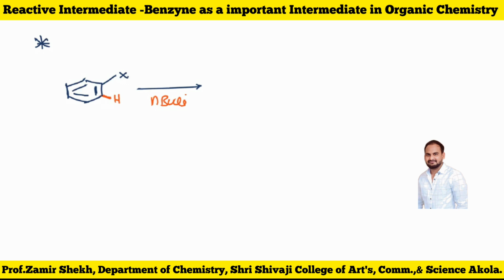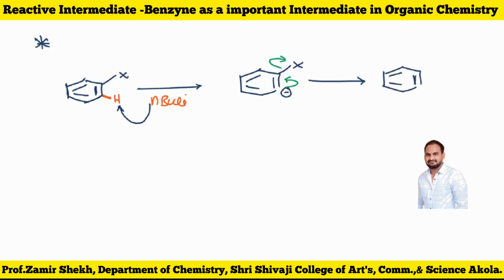So the n-butyllithium will take the proton and generate a negative charge, like this. Here is my X, and this is my negative charge. You know that the negative charge has the tendency to easily remove X, and you will get the benzyne. Now this is a very simple reaction, but the condition is that you should have the ortho hydrogen.